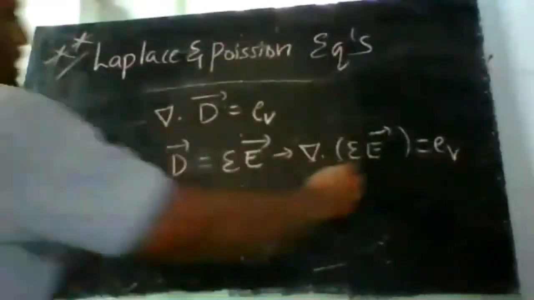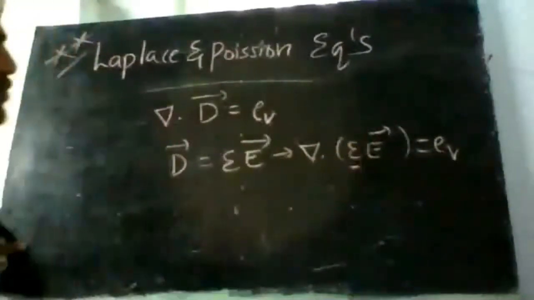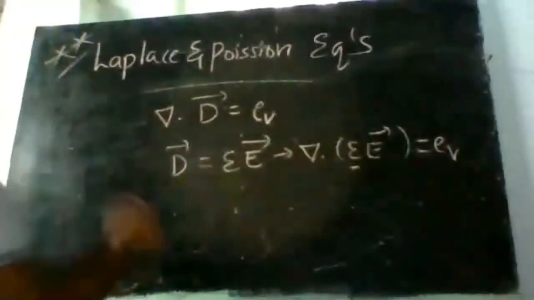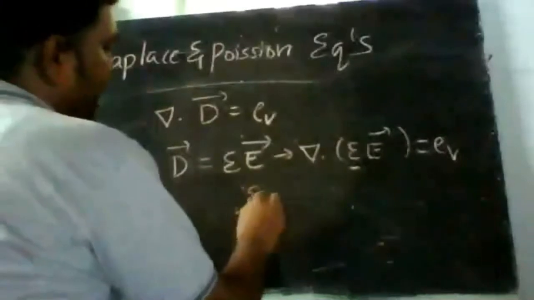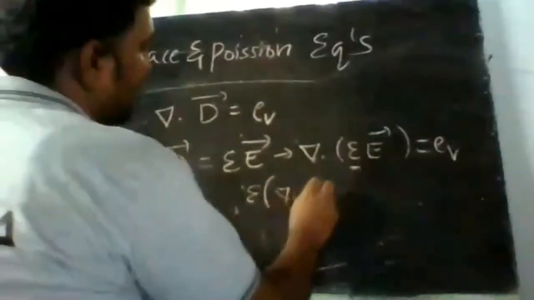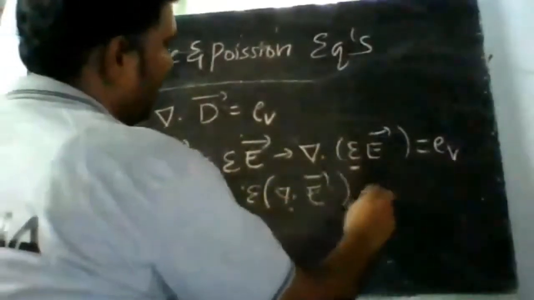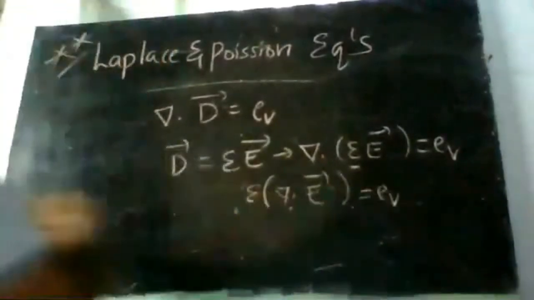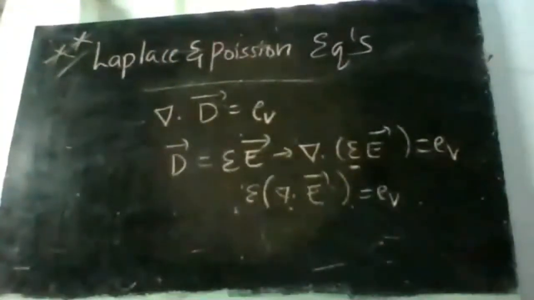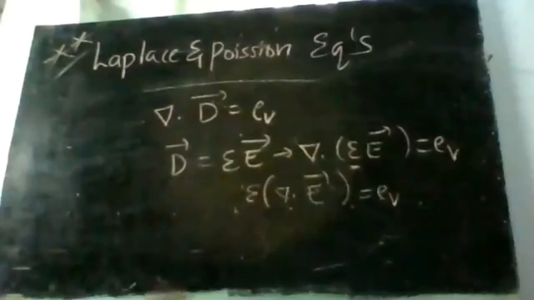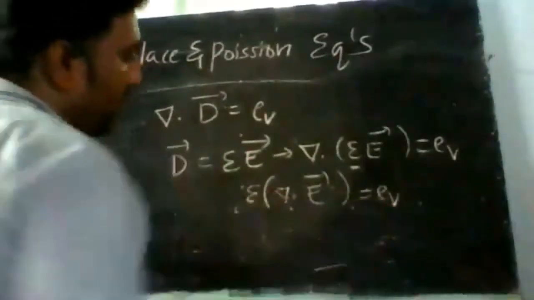But epsilon is a constant, so we can take that aside. So epsilon into del dot E bar is equal to rho v.